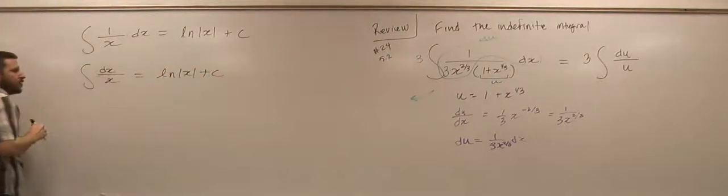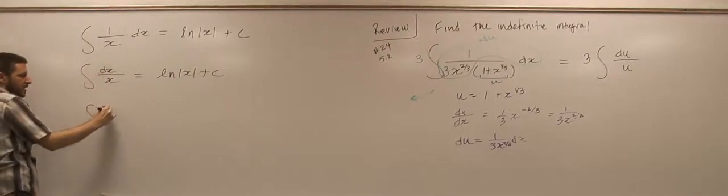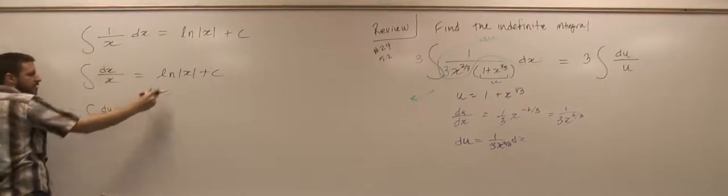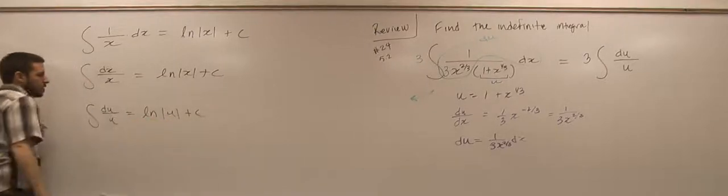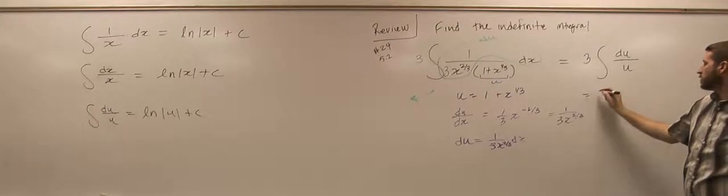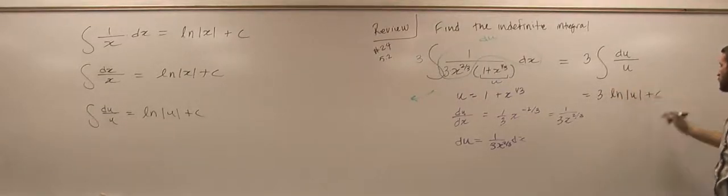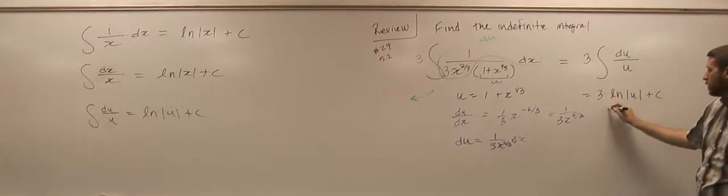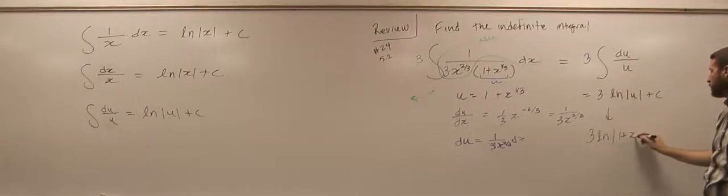And if you have du and u instead, that's just a different variable, but the same formula applies. You'll just change this to ln of u. So over here, where I have the integral of du over u, this becomes 3 times ln of absolute value u plus a constant, or 3 ln of absolute value 1 plus x to the 1/3.